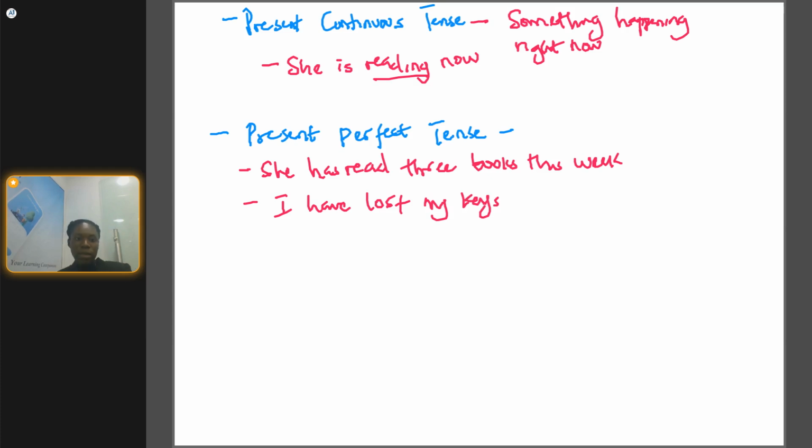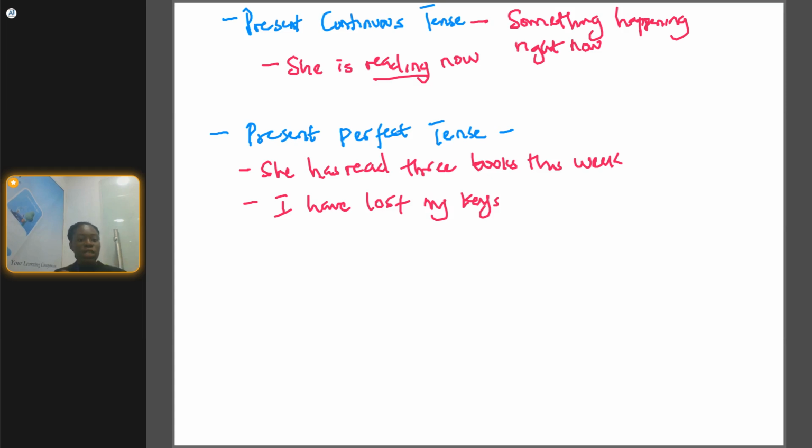Of course, now she has read is showing that something happened in the past. But because it happened in the past doesn't mean it ended in the past. It's something that's still reflecting even in the present. So she has read 3 books this week.